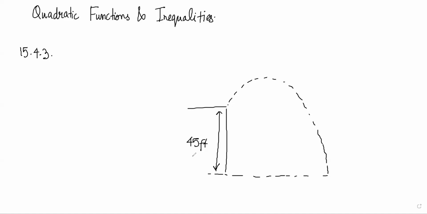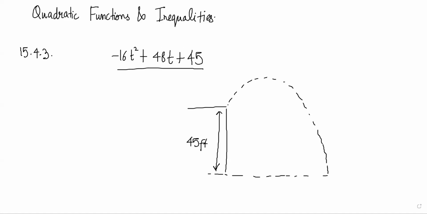The expression that he has given, minus 16t squared plus 48t plus 45. This expression is giving you what? The height of the ball. From which level? Height from where? From how many seconds it's been in the air.